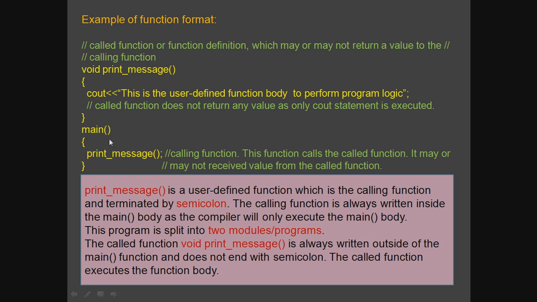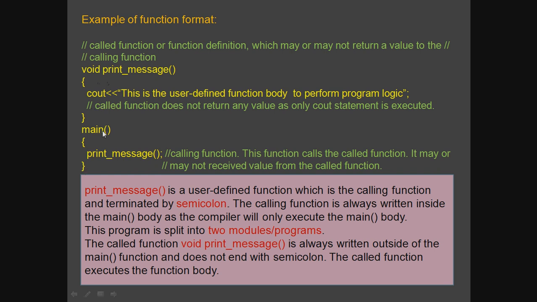So if there is some way that I want to do division, I should be able to do only division, and if I want to do subtraction, I should be able to do only subtraction. For that purpose, we have the user defined function. In the user defined function, or the call function, the program logic is written outside of the main function.